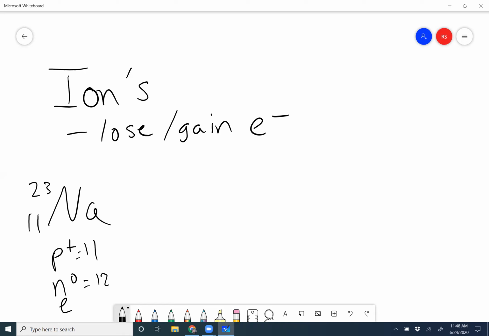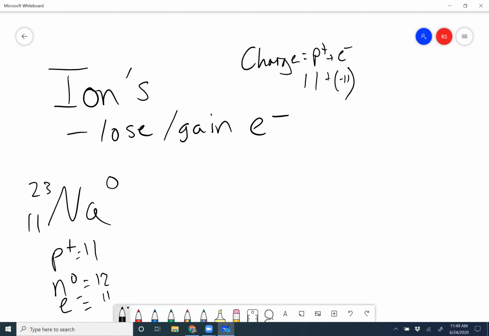And its electrons, if it's neutral, and we write the charge up here, then that would mean that the protons have to equal the electrons, because charge is equal to protons plus electrons charge. So in this case, our protons are 11. Our electrons have to then be negative 11. So we have 11 right here. And so that equals 0.